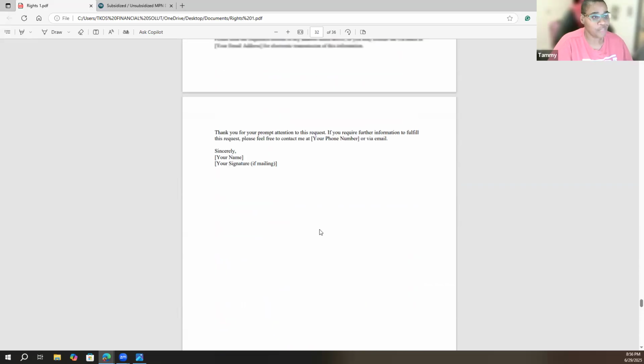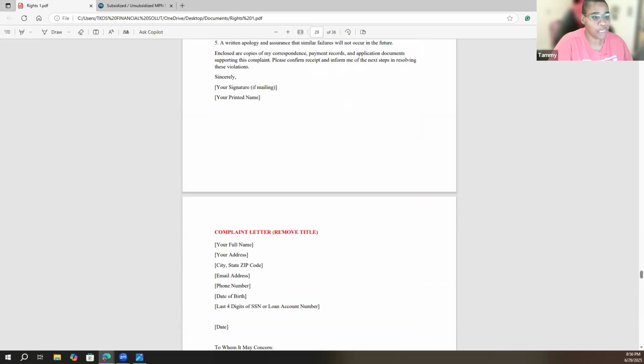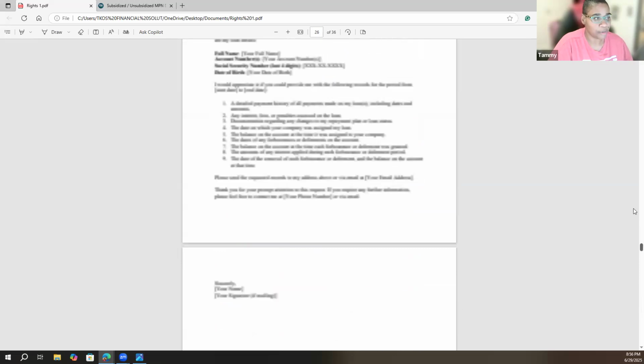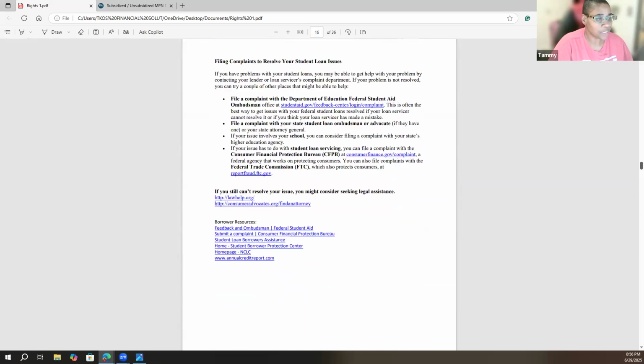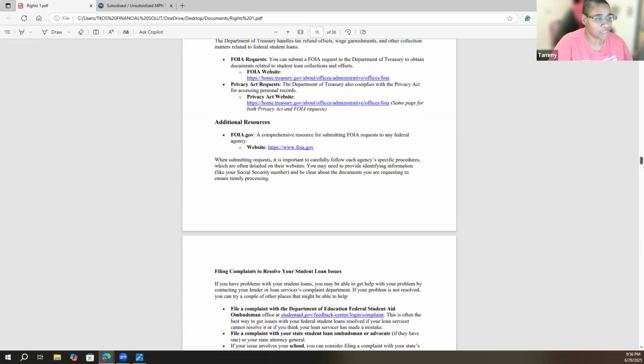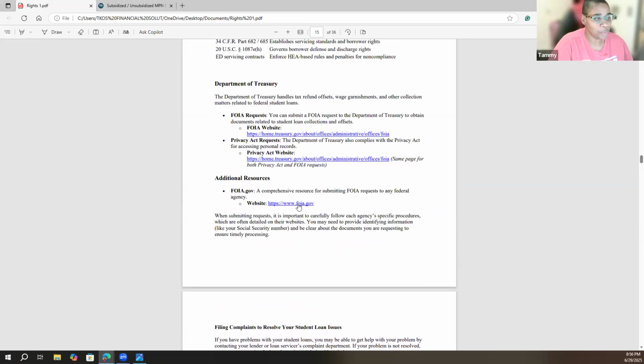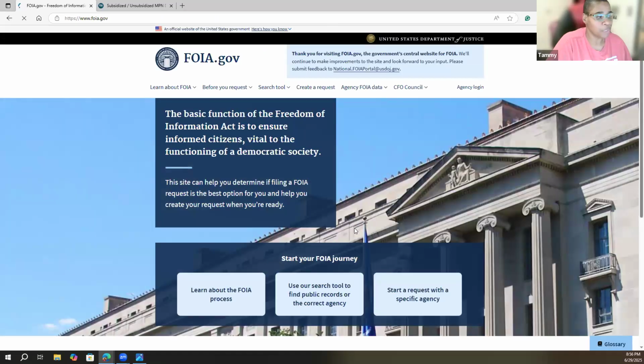Okay. So all of that information is here, but what I want to show you is how to actually utilize the letter. So we're going to go to how you can request Freedom of Information. There are different agencies that house different information about you as a student loan borrower, and depending on the type of records that you want, you have to know what agency you are seeking to get the information from.